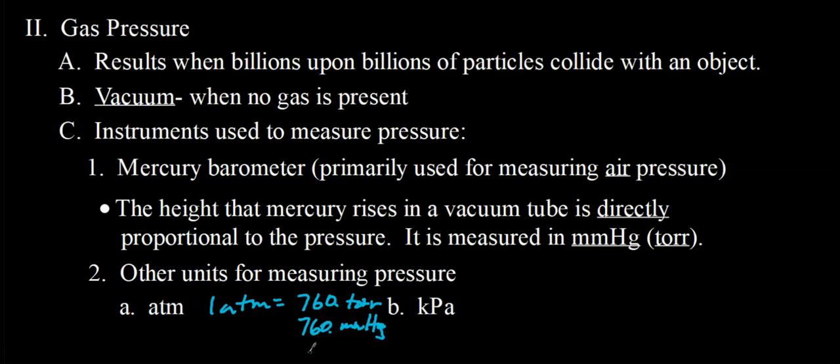The SI unit of pressure is actually the kilopascal. Again, relationship between atmospheres and kilopascals, 1.00 atmospheres is the same as, technically, 101.3 kilopascals. 101 should be fine. So 101 kilopascals is the same thing as 1 atmosphere.